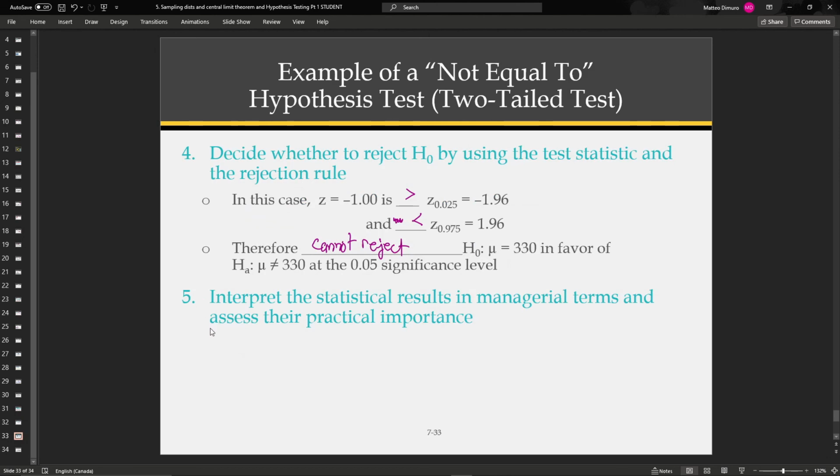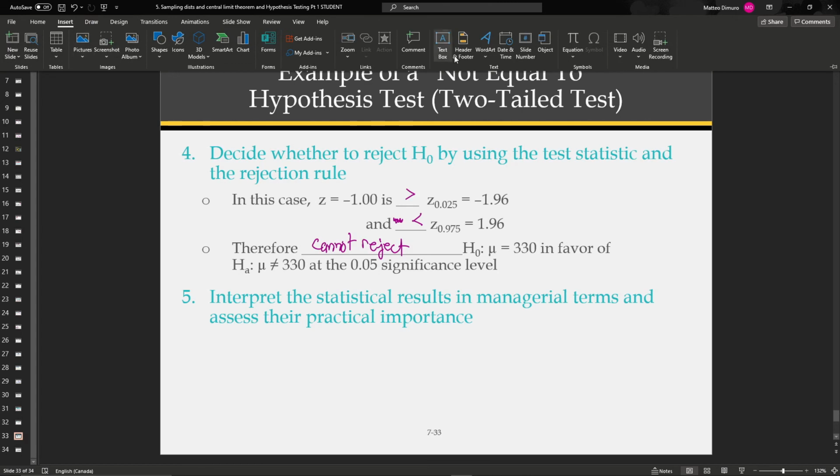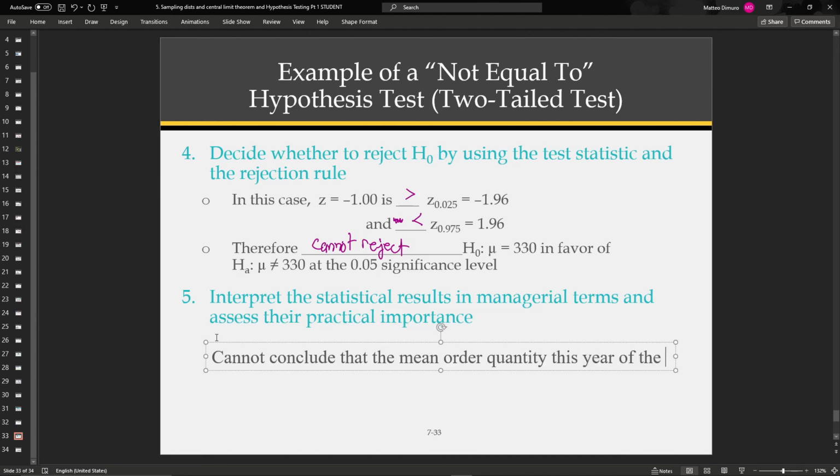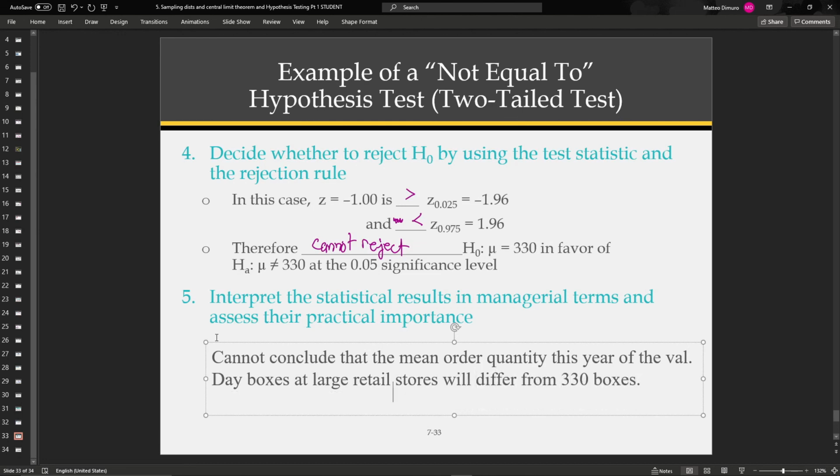So that means, I'm going to type this out actually, because it's a lot. Here we go. So we cannot conclude that the mean order quantity this year of the Valentine Day boxes at large retail stores will differ from 330 boxes.